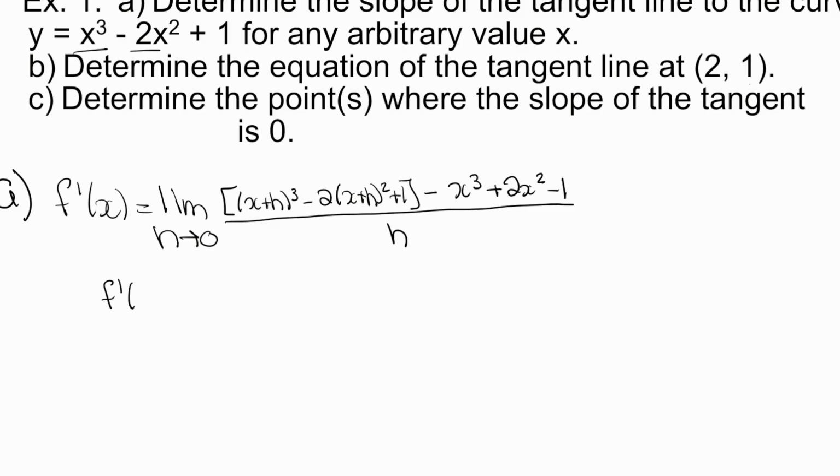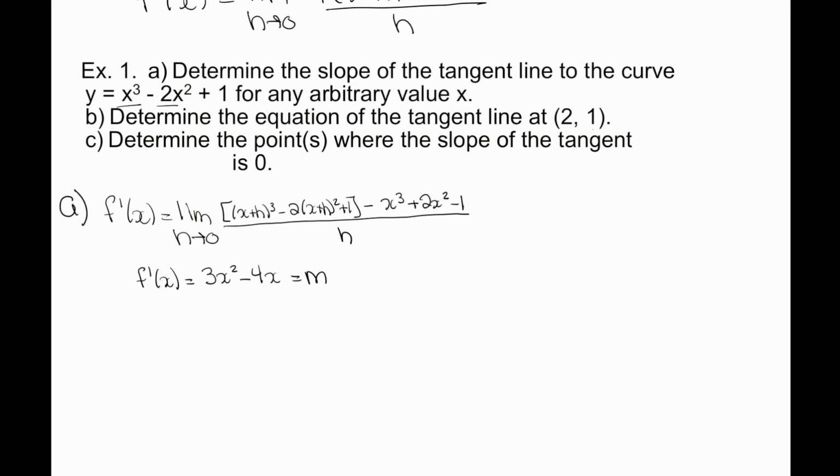This gives me my slope equation, or my derivative, of 3x squared minus 4x. And like I say, that's equal to the slope.